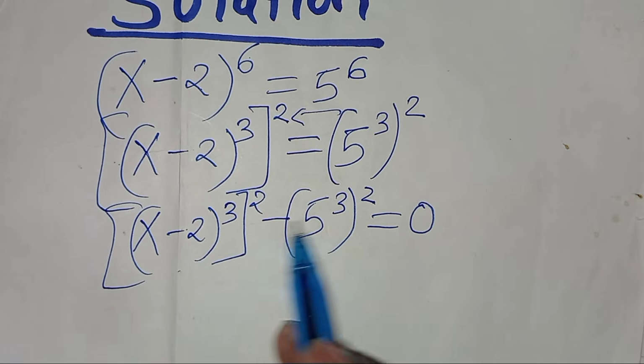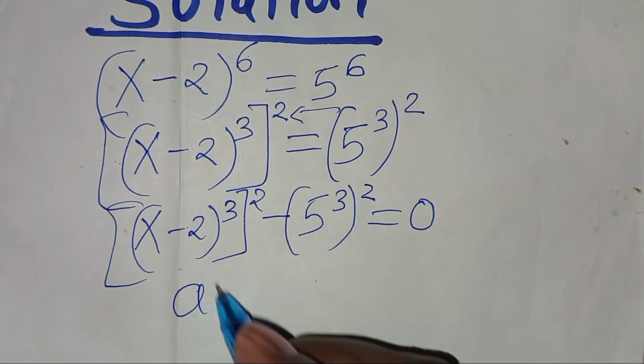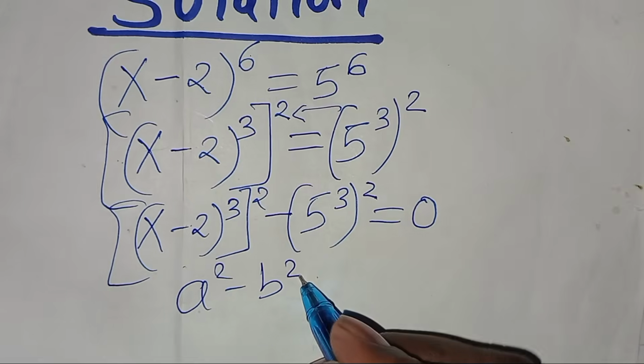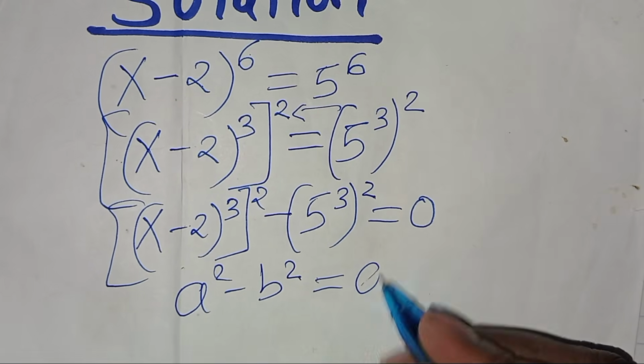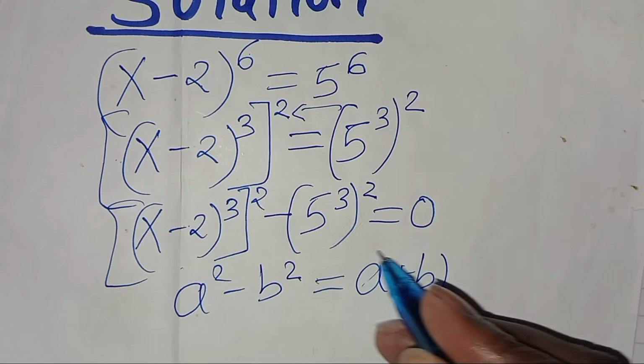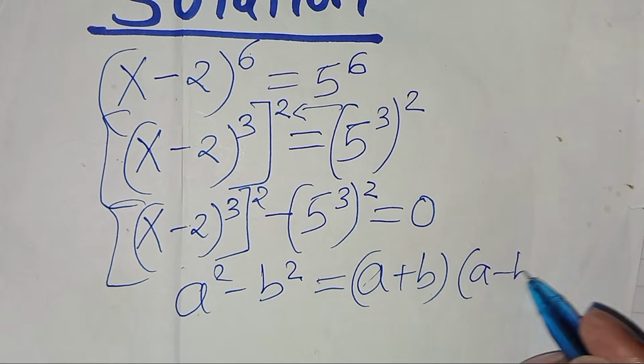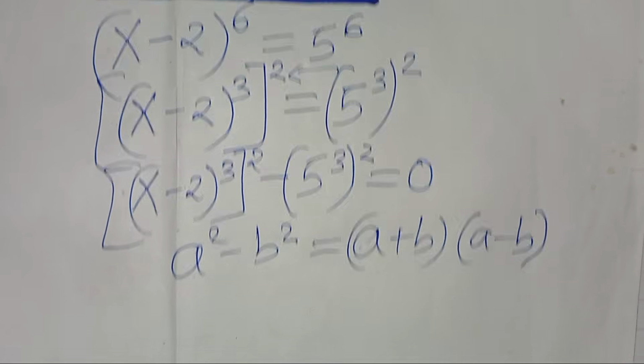Now this is in the form of a squared minus b squared, which is the difference of two squares, which you can express as (a + b)(a - b).